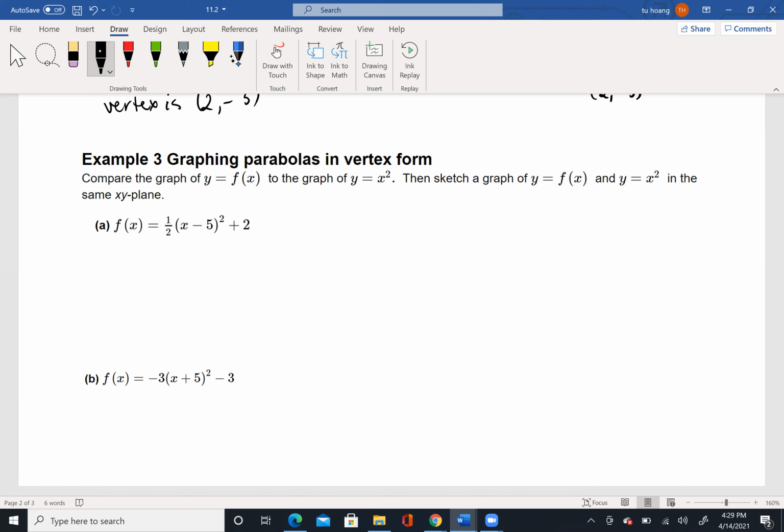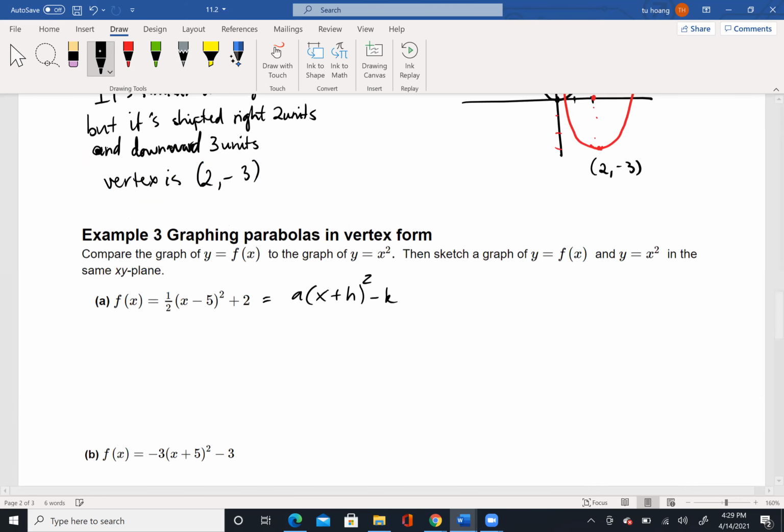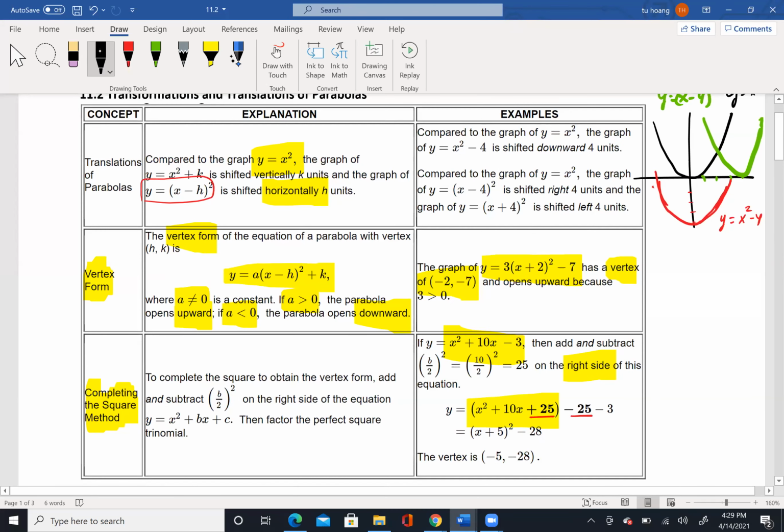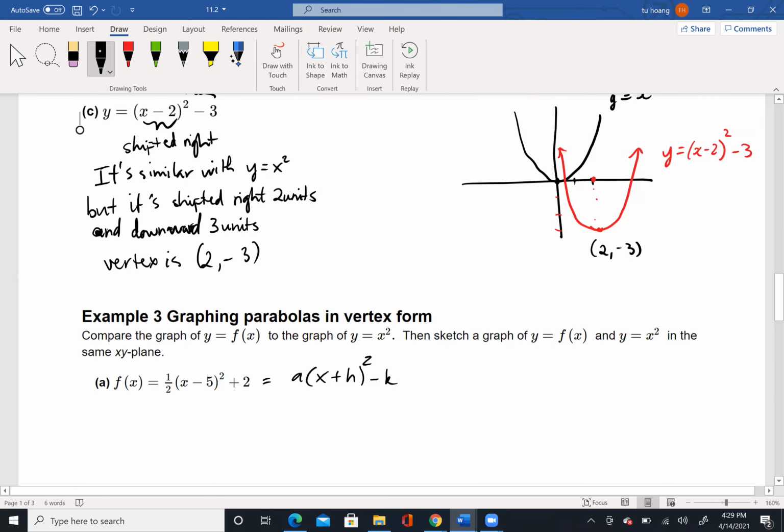The vertex form in here, you guys should remember, is a times (x minus h) squared plus k, right? Minus h plus k.